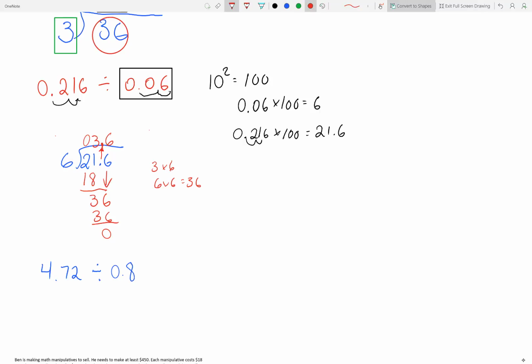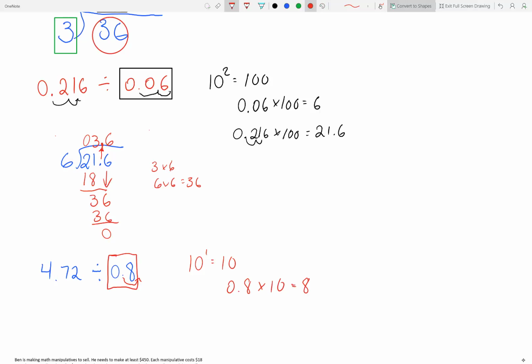This is my divisor here, so I need to move the decimal 1 place. To do that, I'm going to multiply it by 10 to the power of 1, which is equal to 10. 0.8, or 8/10, times 10 is equal to 8.